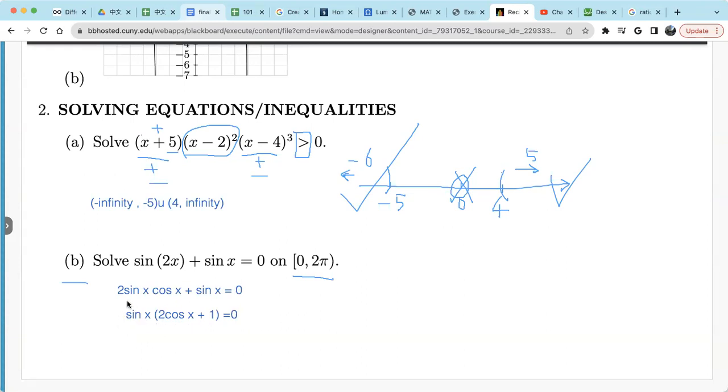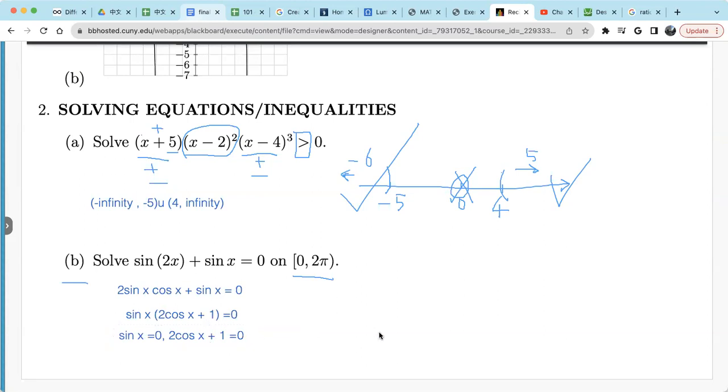So we're able to write these two terms as one term with two factors. The zero product property says if the product equals 0, each factor can be 0. That means sine x can be 0 and 2 cosine x plus 1 can be 0.